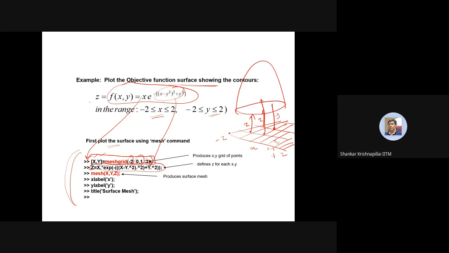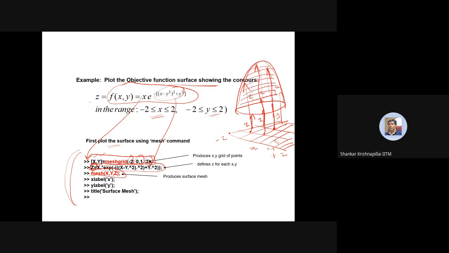This is the Z value of each grid point. This Z command will calculate all these Z values. Then you type mesh XYZ, and it will form this surface mesh.